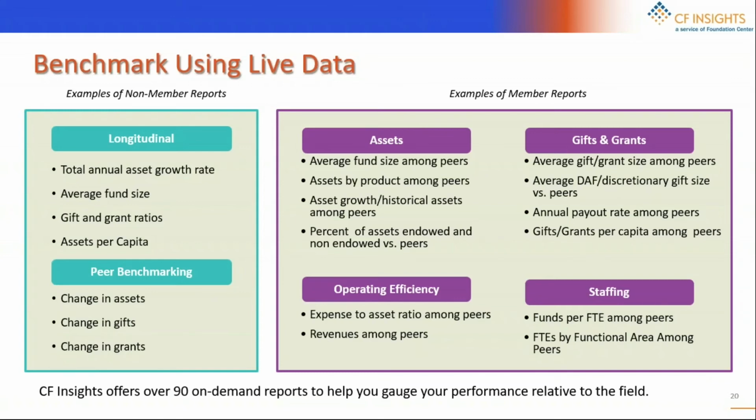CF Insights members can access reports on virtually any of the data that we collect. So if you're familiar with the Columbus survey and you happen to be the one at your foundation who filled out the survey for us, you can just imagine that all of those data points can be queried in different reports. You can customize your own peer groups as well.